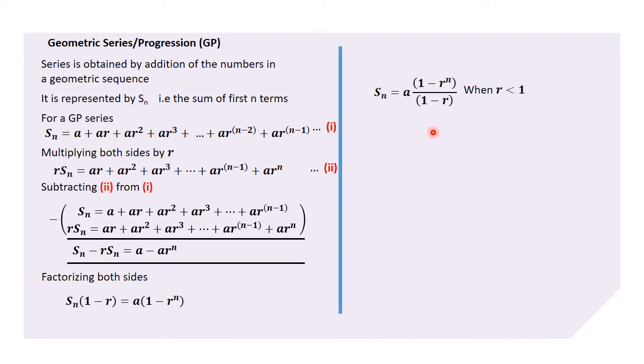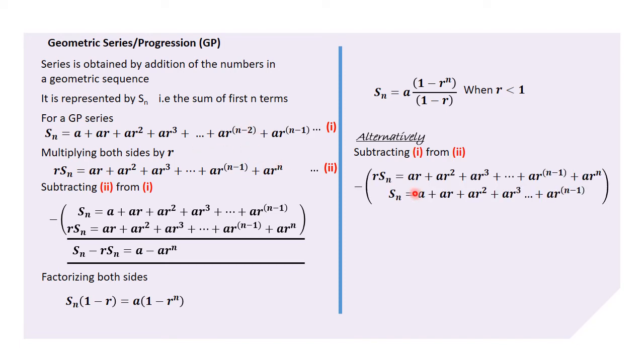Now, this formula here is the formula for sum of terms for a GP series when the value of r is less than 1. There is its alternative that is used when the value of r is greater than 1, and that's generated as follows. Instead of subtracting equation 2 from equation 1, we're going to subtract equation 1 from equation 2 in these 2 equations here.